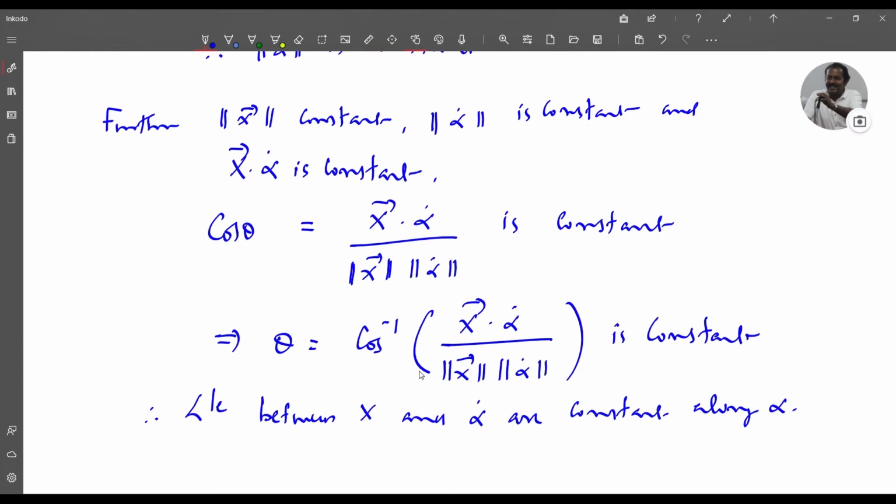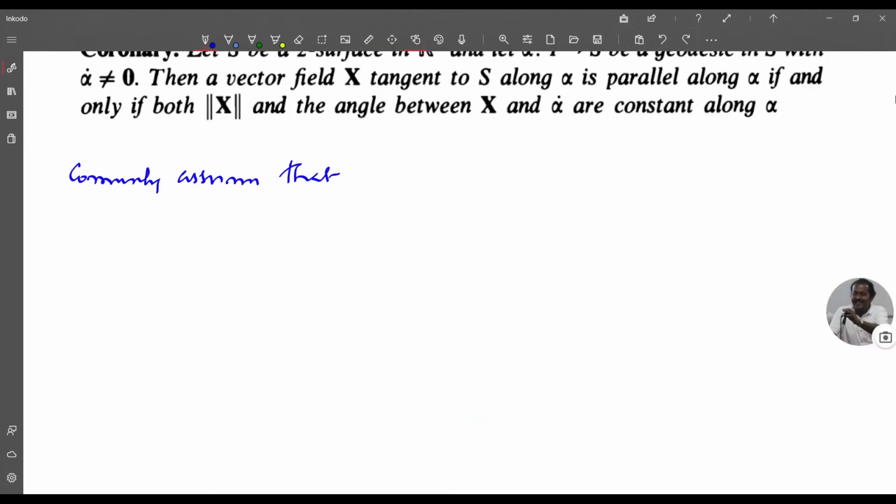Now we will prove that X is parallel. That's the converse part. Conversely, assume that norm X and angle theta between X and alpha dot are constant along alpha.